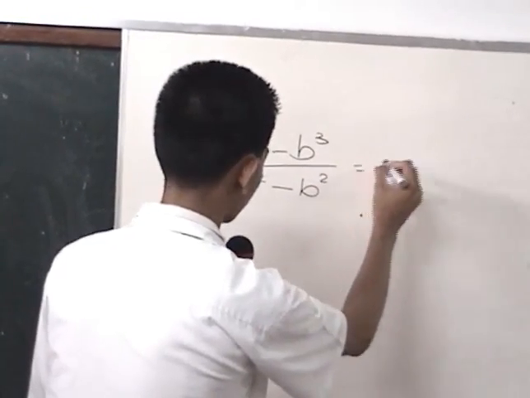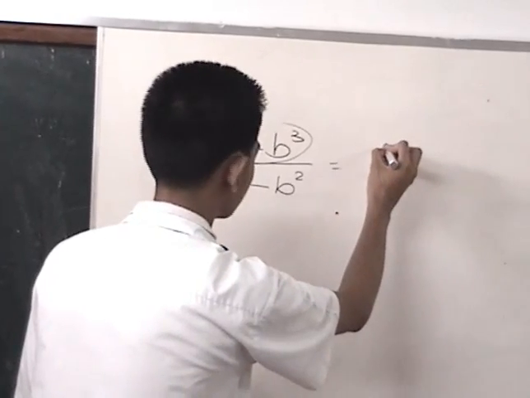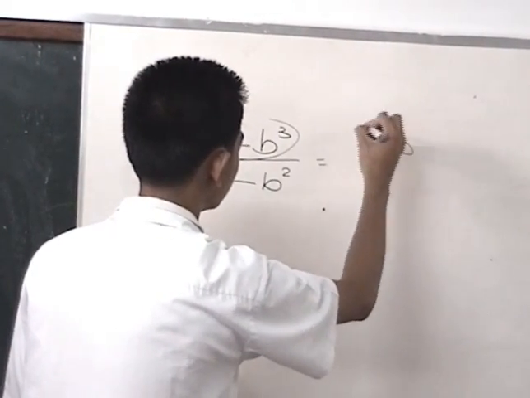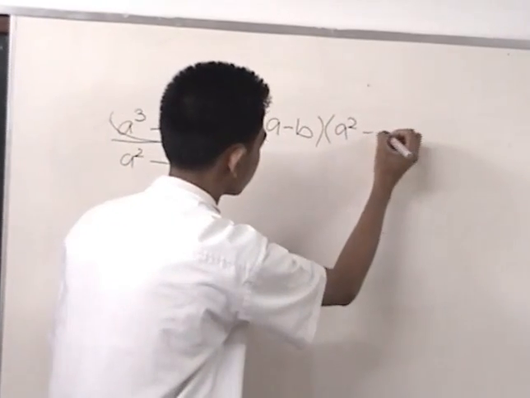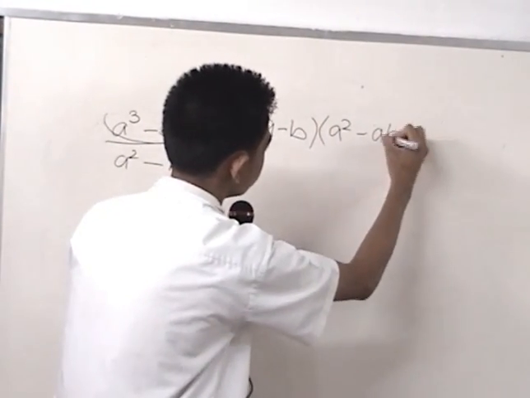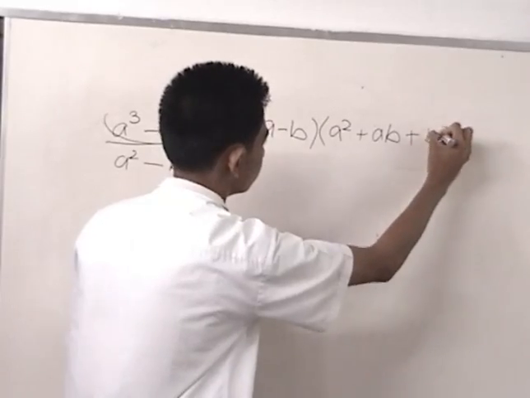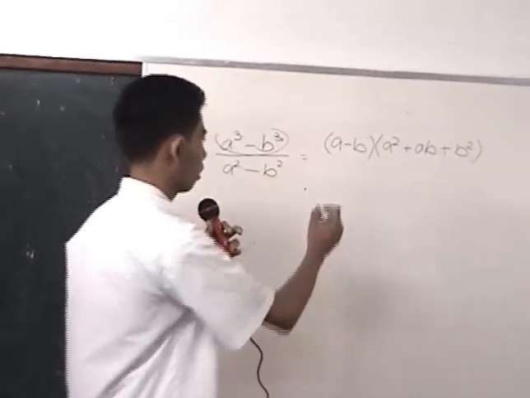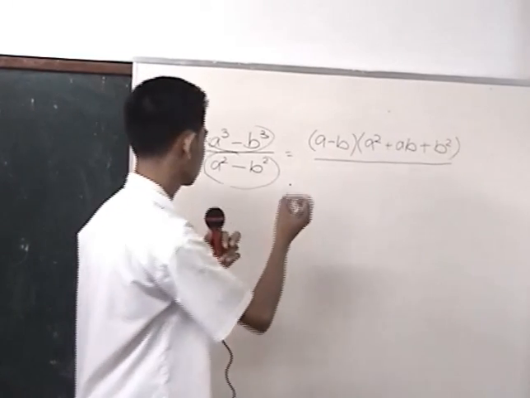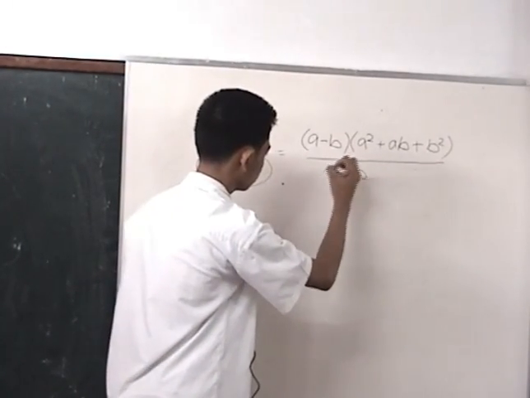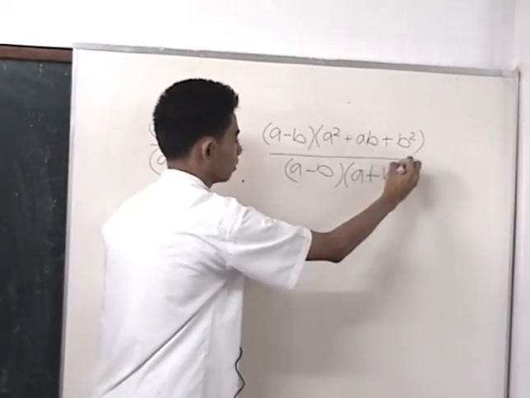First, we have to find the factors of this expression, which is a minus b times a squared plus ab plus b squared, over the factors of this expression, which is a minus b times a plus b.